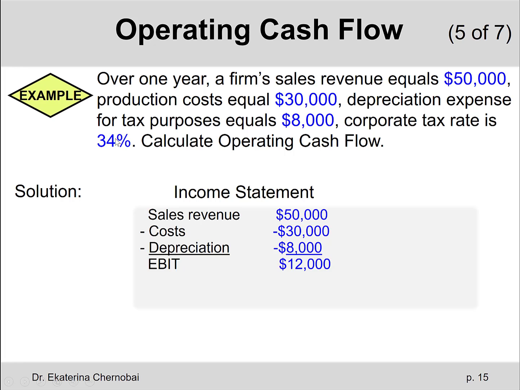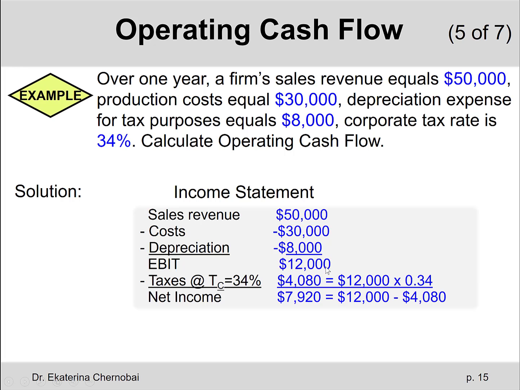We are given a 34% corporate income tax rate. If we multiply 34% by the taxable income, which is the EBIT of $12,000, we would get $4,080. After subtracting $4,080 in taxes from the taxable income of $12,000, we get the net income equal to $7,920.